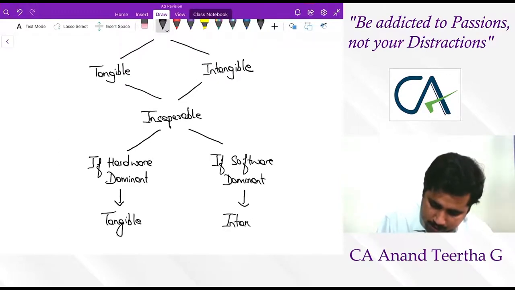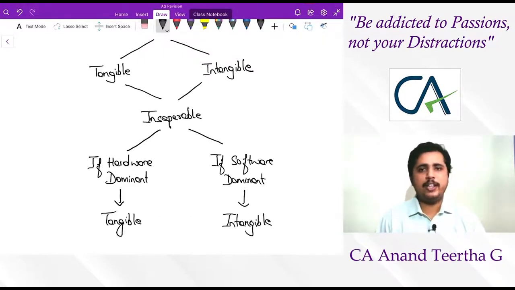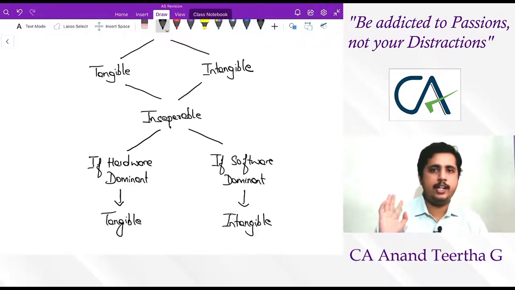For example, the ones I told you now, pen drive, disk and all, in that software is dominant. So consider that as intangible. Suppose the lift, the example I gave you right now. Here, even though software is needed to operate the lift, the lift is more dominant and valuable than the software, which means the entire thing is tangible. Even the software that works with this particular lift is also tangible only.